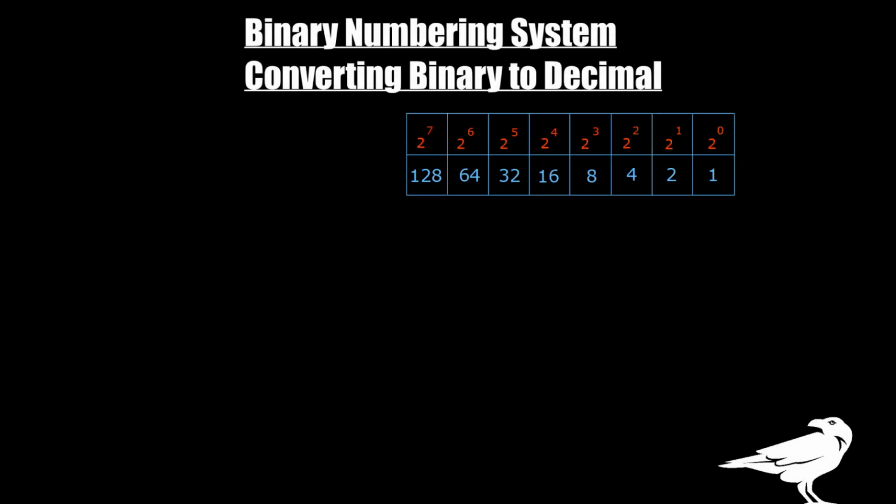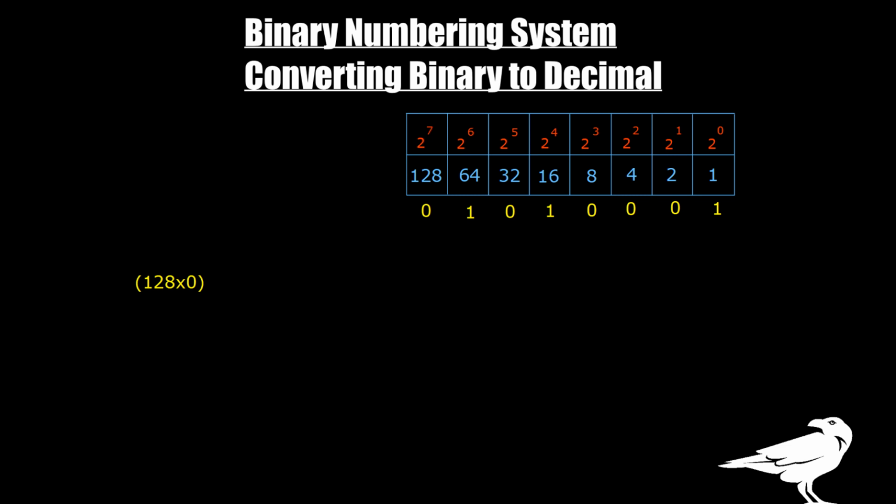Let's have a look at how we can convert from binary to decimal. So let's stick a binary number in this table. 01010001. Lovely. Now, this is what I've seen a lot of textbooks do, where they say, okay, you take the value of the column, which is 128, and you multiply it by the binary value underneath the column.